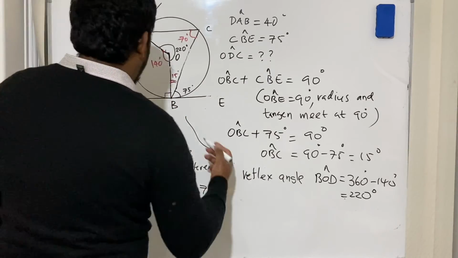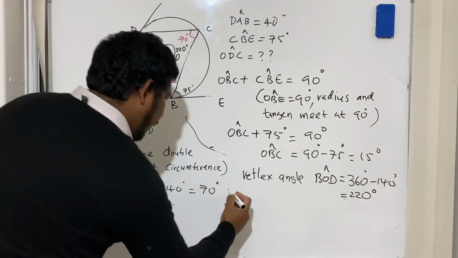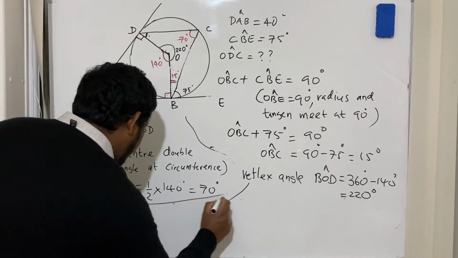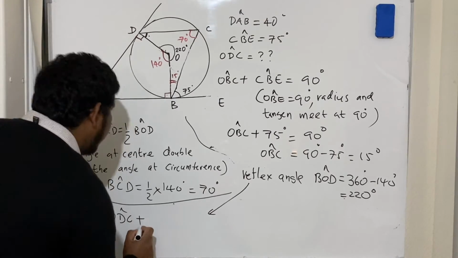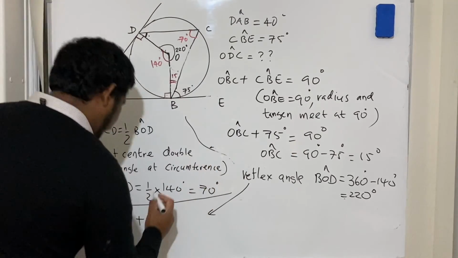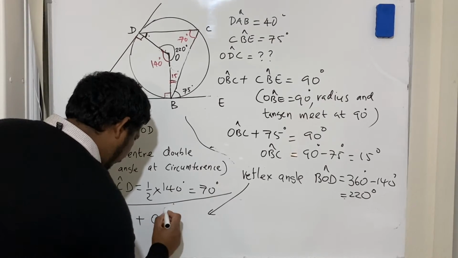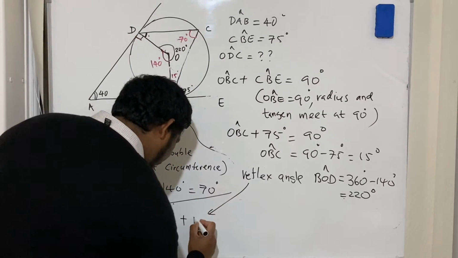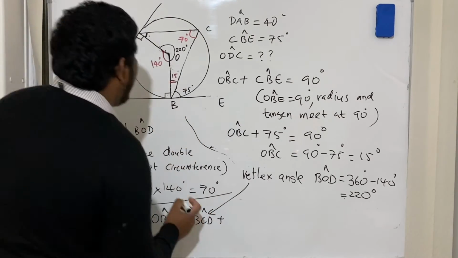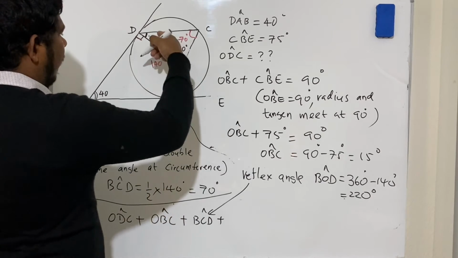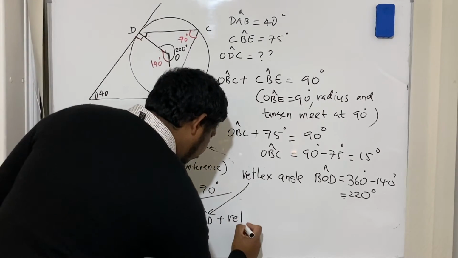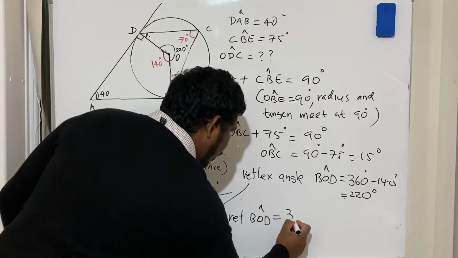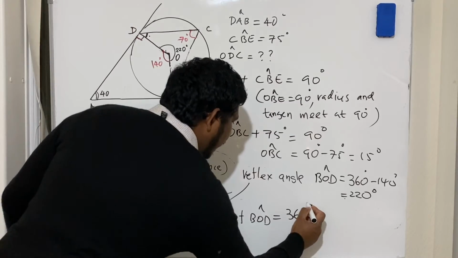So we can write down angle ODC plus angle OBC plus angle BCD plus reflex angle BOD add to 360 degrees.